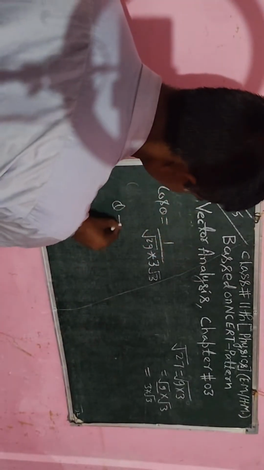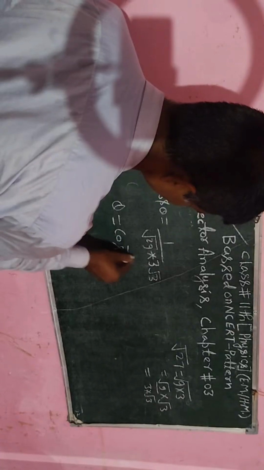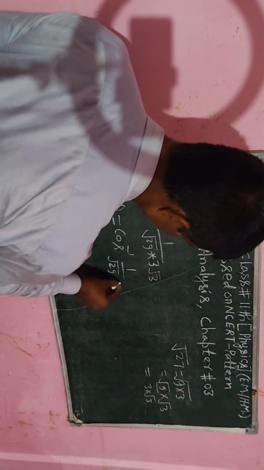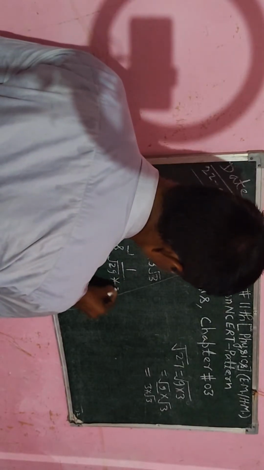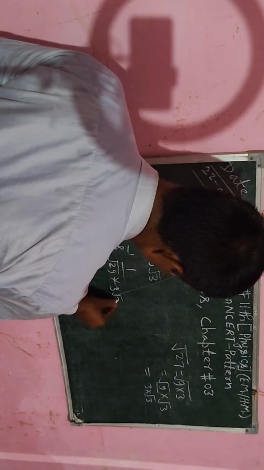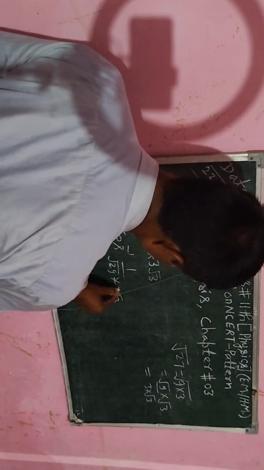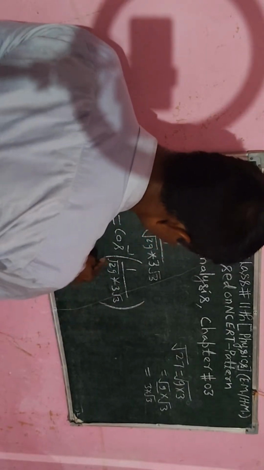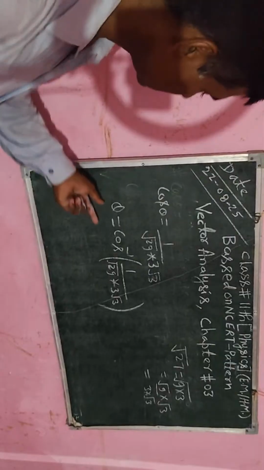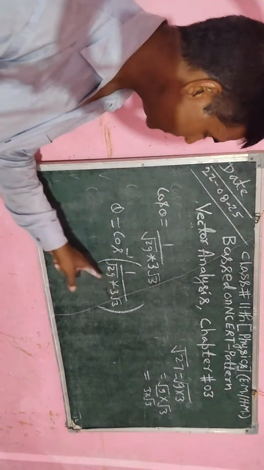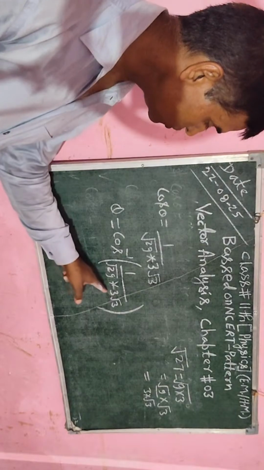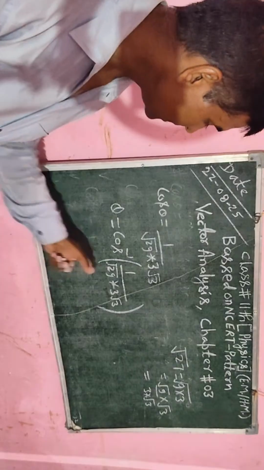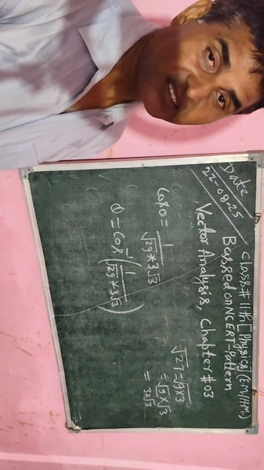Now theta is equal to cos inverse 1 divided by square root of 29 into 3 root 3. So theta is equal to cos inverse 1 divided by root 29 into 3 root 3. So this is the required value, and that value is available in degrees.